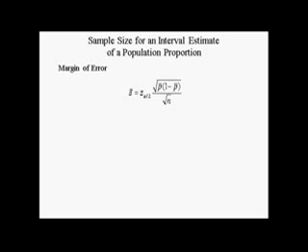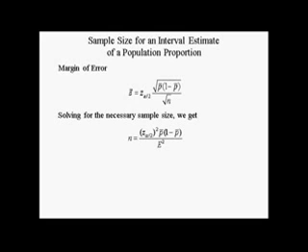If we let E denote the desired margin of error, we can solve this for n. The resulting equation is z squared times p bar times 1 minus p bar divided by the desired margin of error squared.